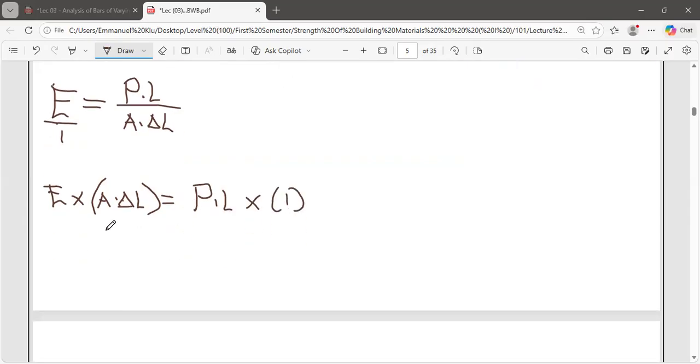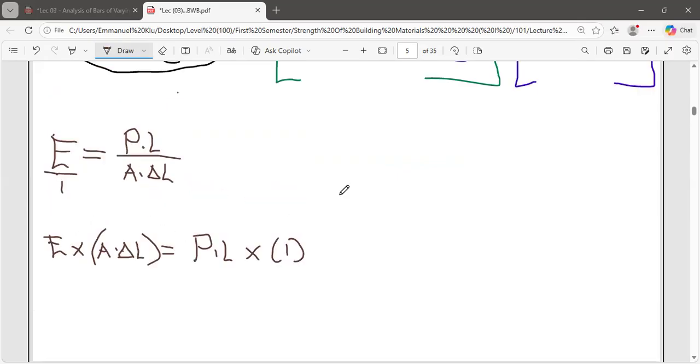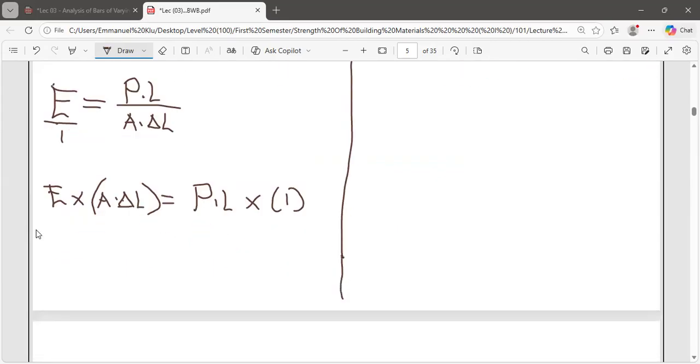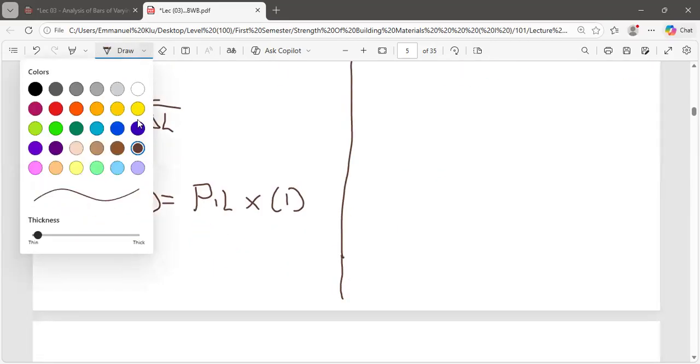Finally, this is going to give us something. Let me change color.